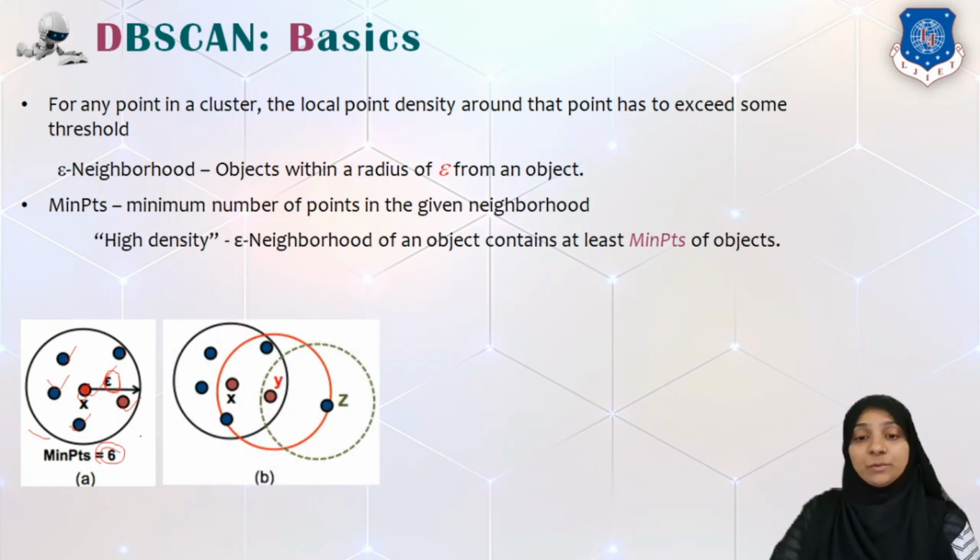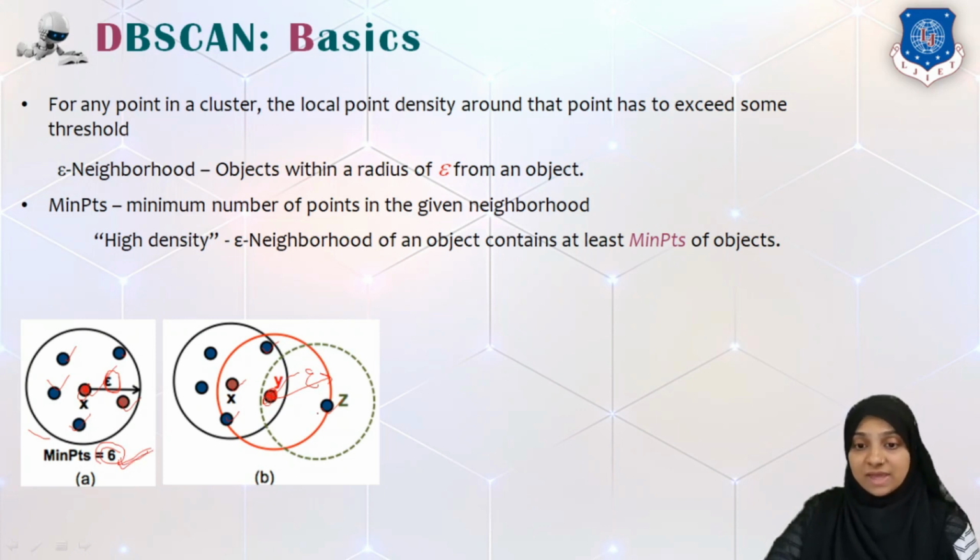Now, compared to that, if I consider this red point as my core point, and measure the same epsilon area around it, now marked by the red circle, how many points do we have? This is the border point, 1, 2, 3, the point itself 4, and this is the 5. In this case, we are not reaching the minimum points.